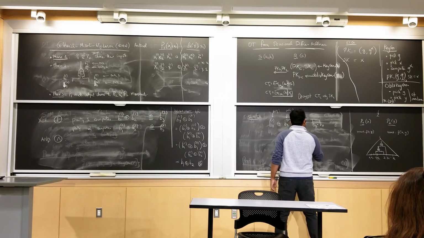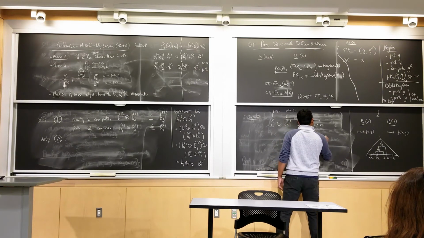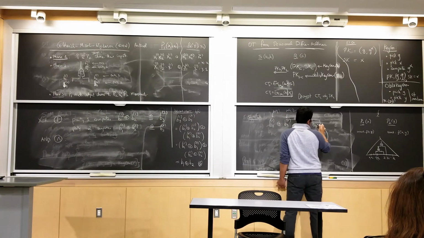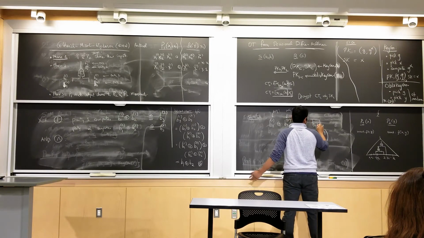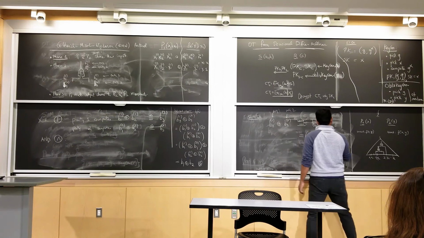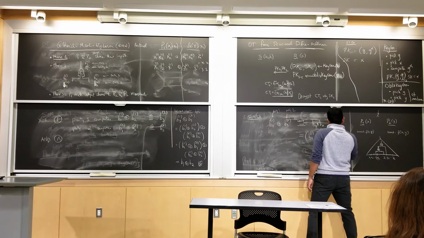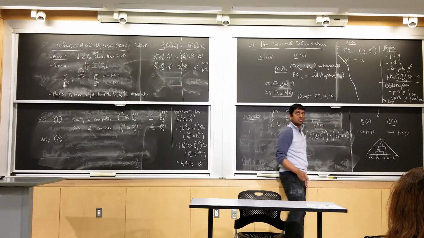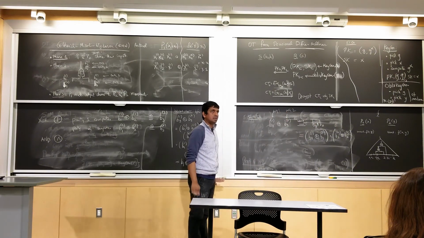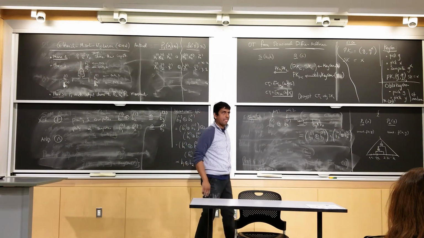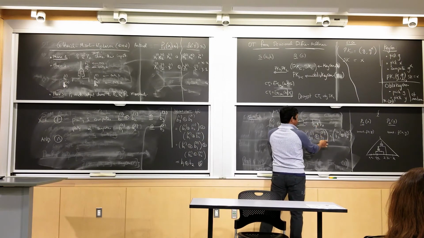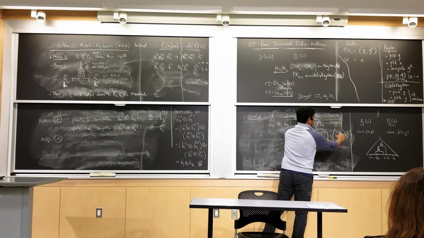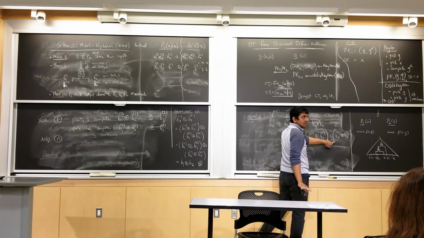B11 XOR B12 times B21 XOR B22. This is what you want, just by definition. I'm expanding B1 into the XOR of the party 1 and party 2 shares, and B2 likewise.